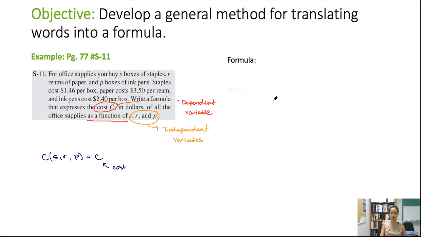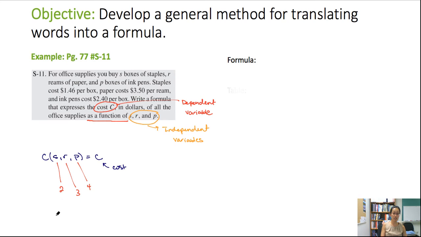So let's suppose that we end up buying, let's say, 2 boxes of staples, 3 reams of paper, and 4 boxes of pens. So now we want to know what's the cost of buying 2 boxes of staples, 3 reams of paper, and 4 boxes of pens. Well, how would we calculate that cost?